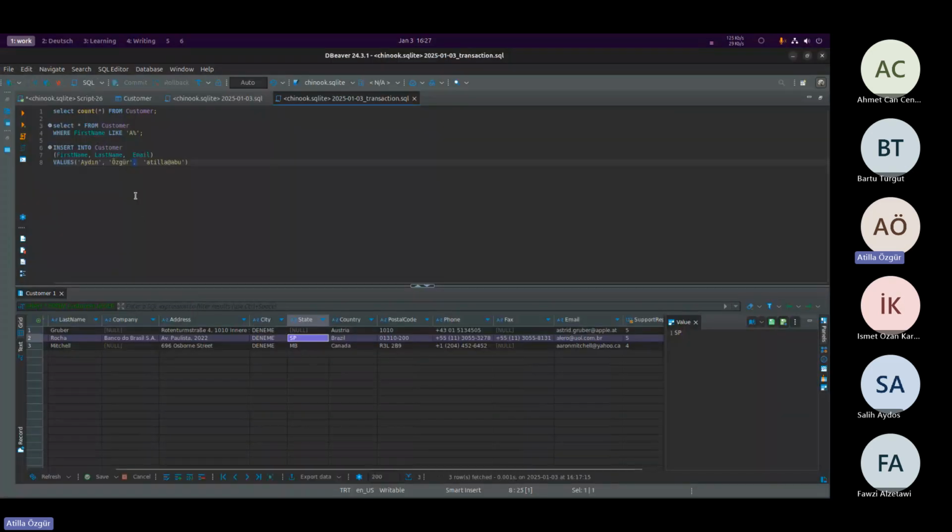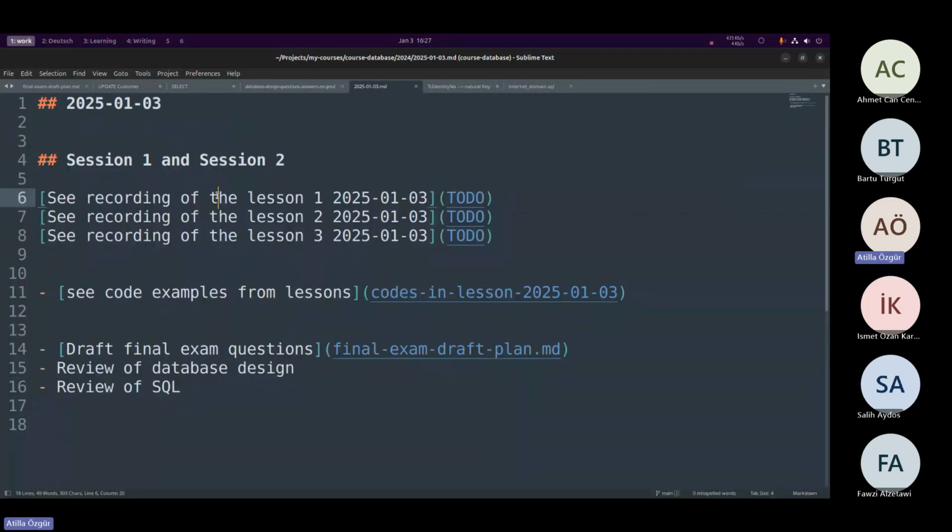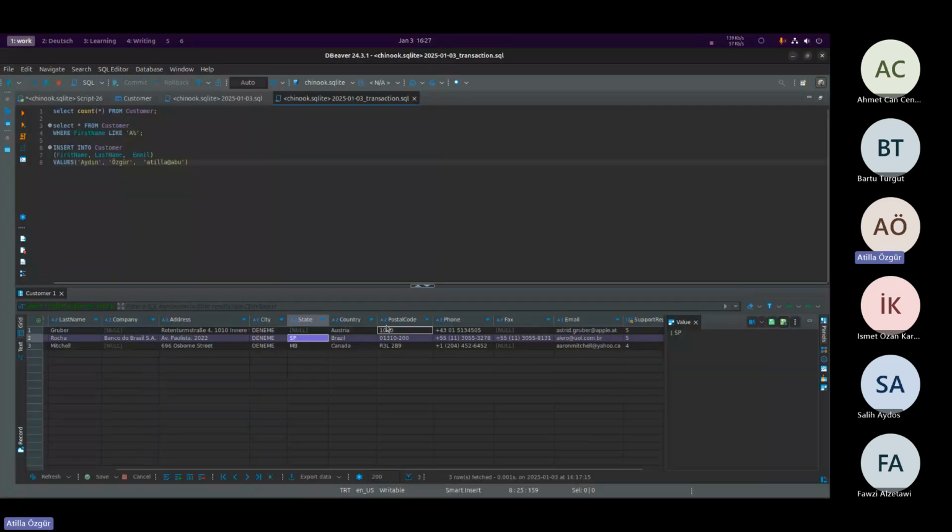If you would like to study, I suggest watching the recordings of lesson 1 and lesson 2, especially database design. Then look at the transaction part. The other parts are obvious. The SQL part is obvious.